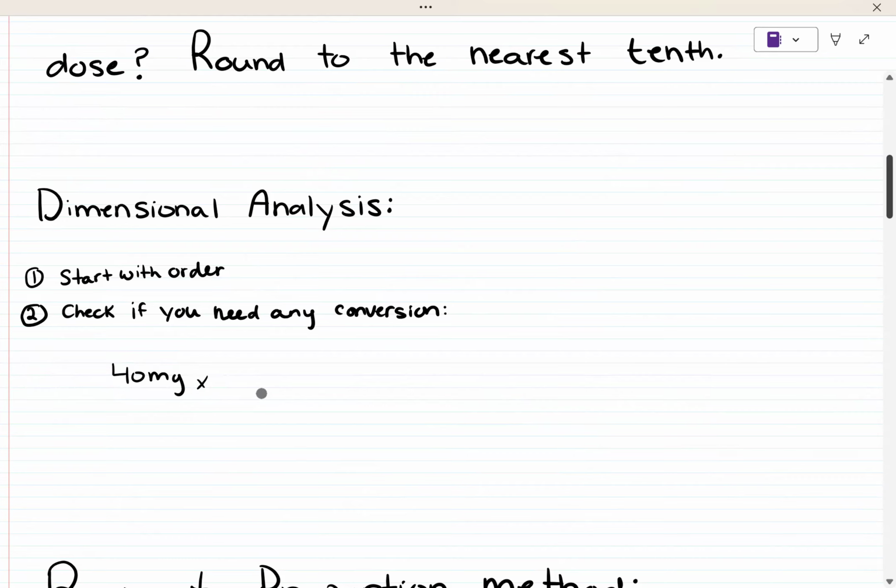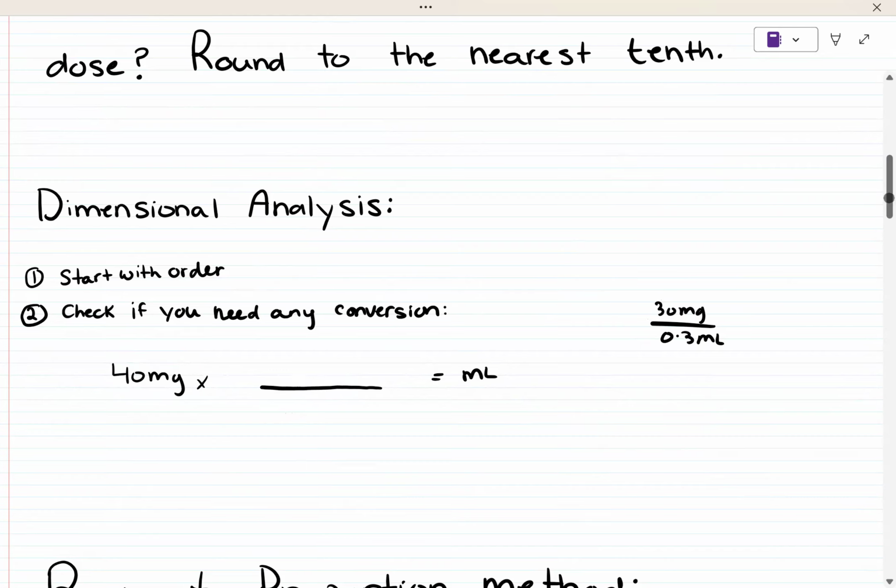So how are we going to set this up? Our final units have to be in milliliters. Our availability is 30 mg over 0.3 milliliters. Should we leave it like this? No, because if we do, we will not have milliliters.